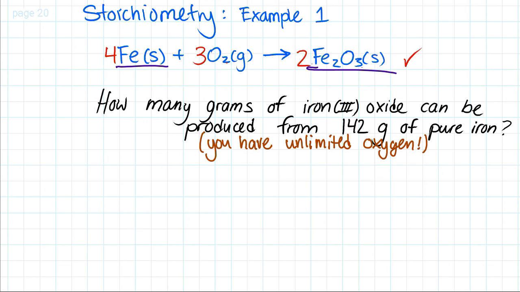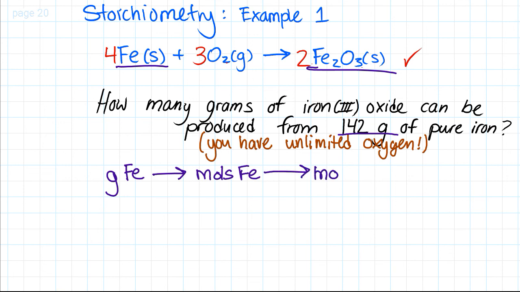The first thing you need to do is to start with what you know. I'm going to map out this stoichiometry problem first. I'm going to have to go from grams of pure iron, because that's what it says in the problem, to moles of iron. When you do stoichiometry, you always have to get to moles and then go from moles of one thing to moles of another thing.